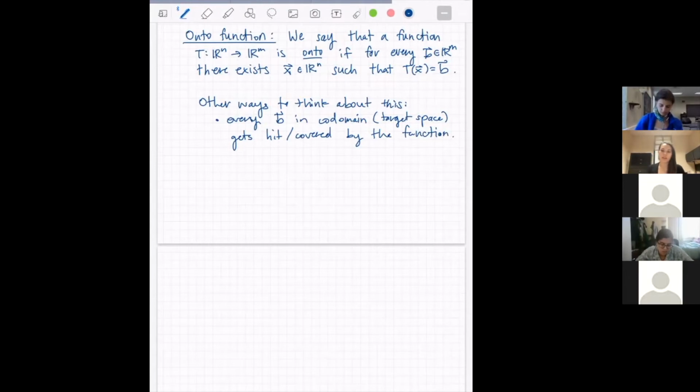So anything in the codomain has a corresponding point in the domain that gets mapped to it. So it gets covered by the function.